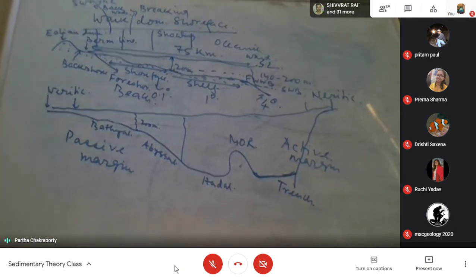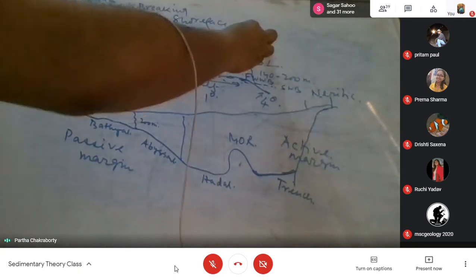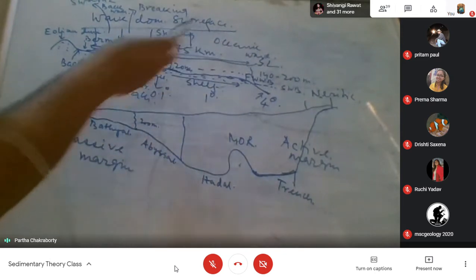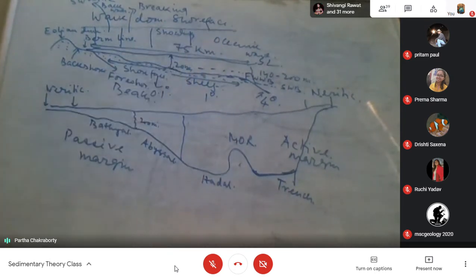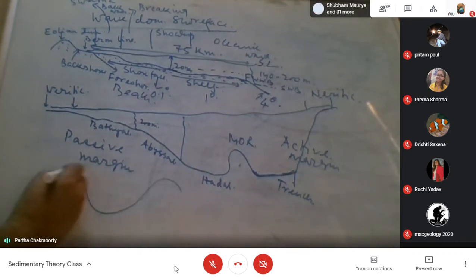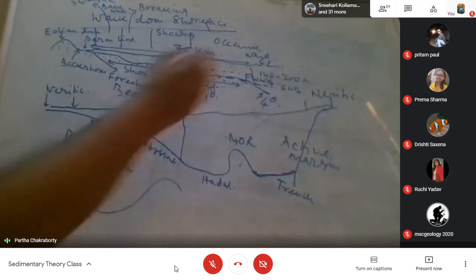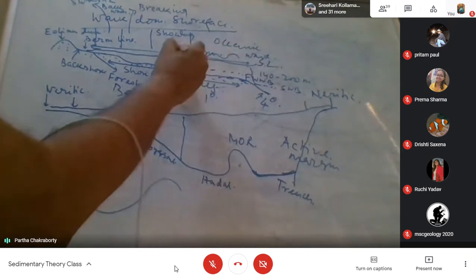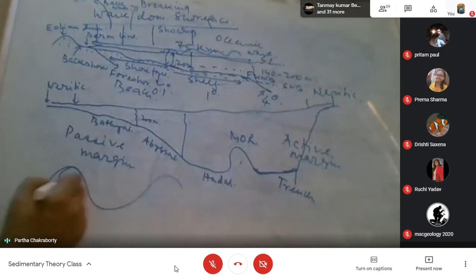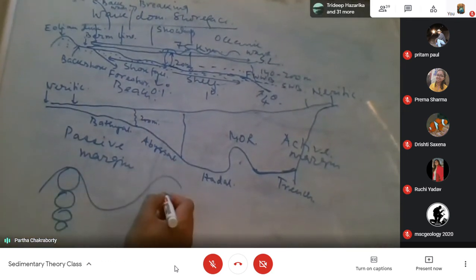What actually happens is that the waves generate in the deeper water because of the friction with the air, and these waves then migrate. When the waves migrate, as you know, the water moves in a circular motion, and as the wave moves here, the depth decreases continuously, and this circular motion becomes more linear motion.